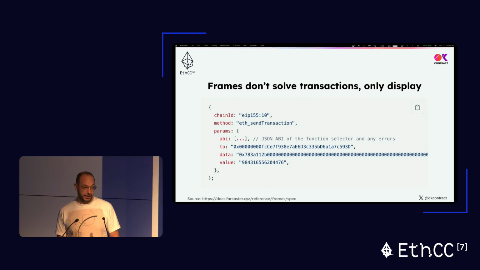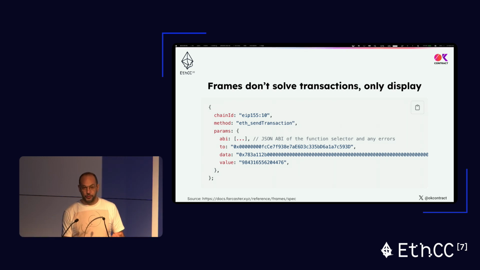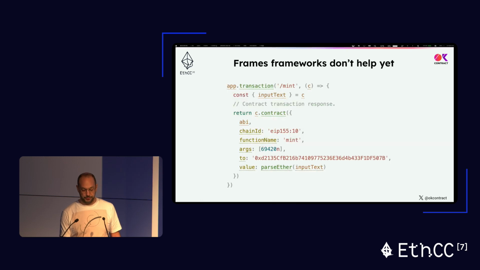So as we were telling, frames don't solve transactions. What they solve is display, because basically the actual transaction that you send in the frame is just the raw call data, the raw bytes of it. We are not solving the way we implement these transactions. There are frameworks as well, but they still don't help. They add just a few layers by converting the parameter using the ABI so that we are building the call data.